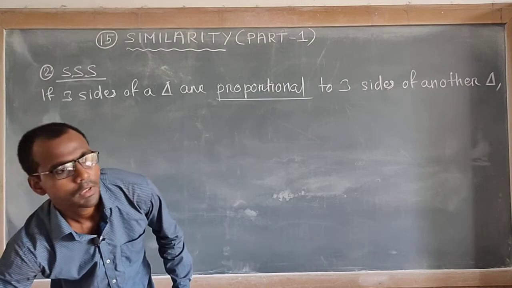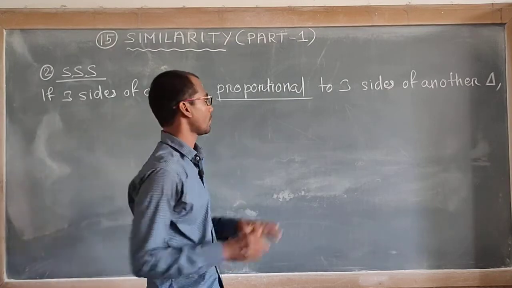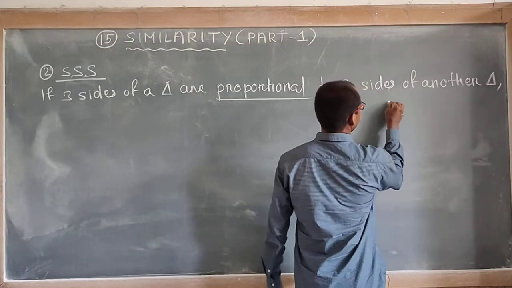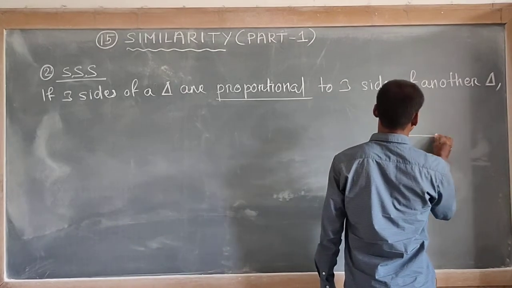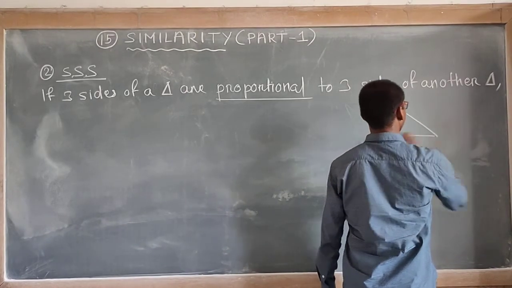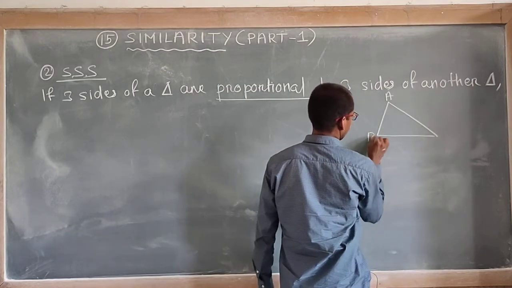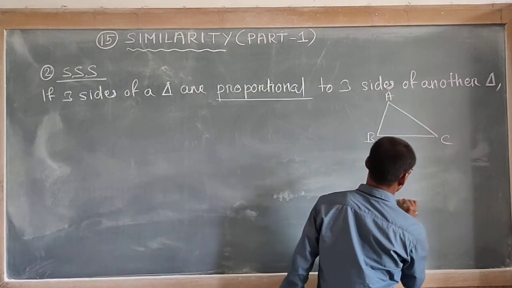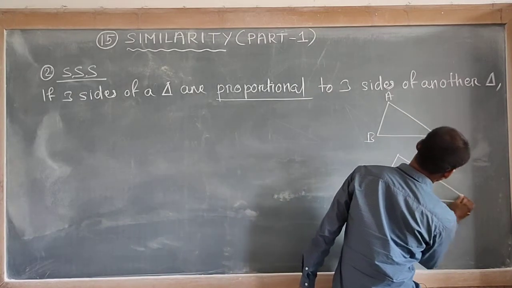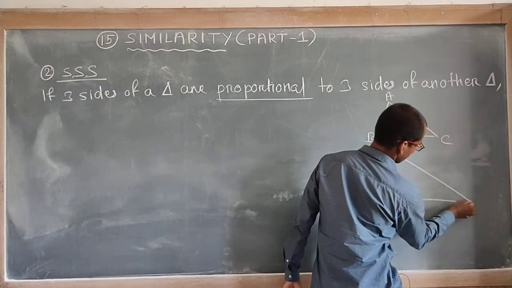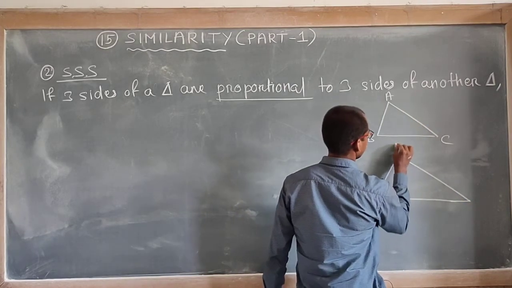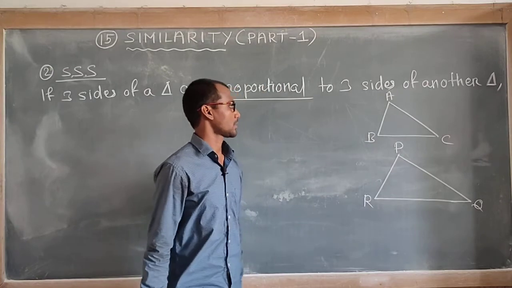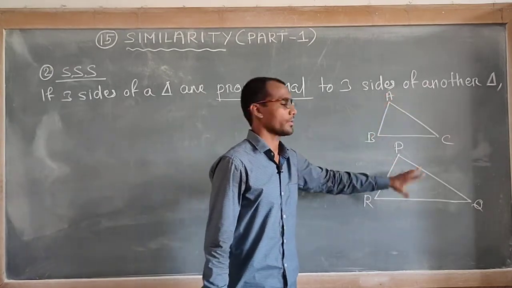So let us draw two triangles which will be satisfying this. Suppose ABC and PRQ. Suppose three sides of this triangle are proportional to three sides of this triangle.